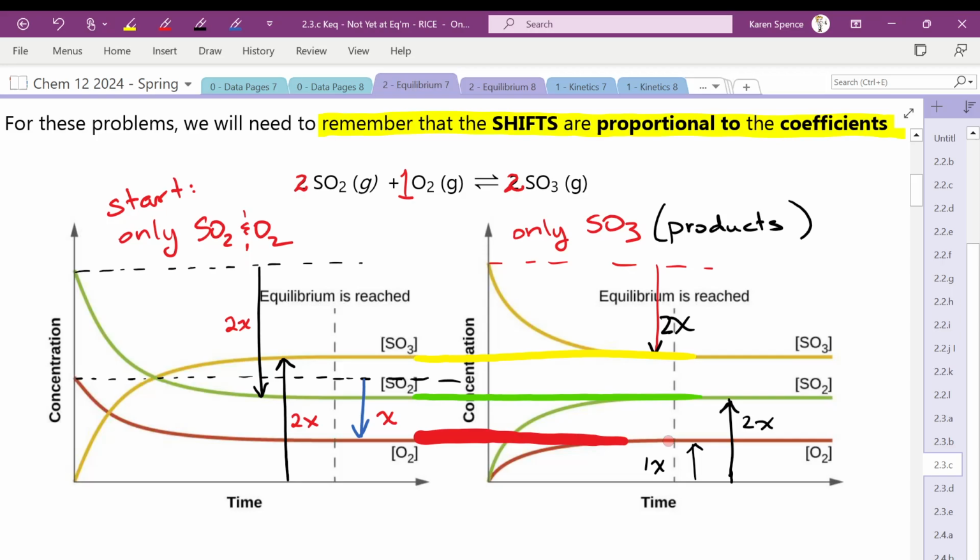Do you notice they end up at the same levels? And that's because KEQ will always be the same. So it doesn't matter whether you start with products or you start with reactants. The final K value, the ratio of products to reactants, will be the same. Now, they don't always have to be exactly the same values, but the ratios will always be the same, okay?